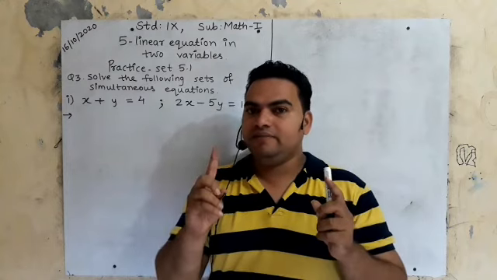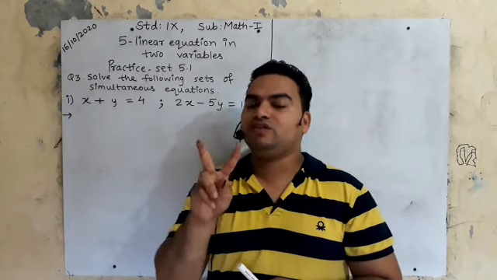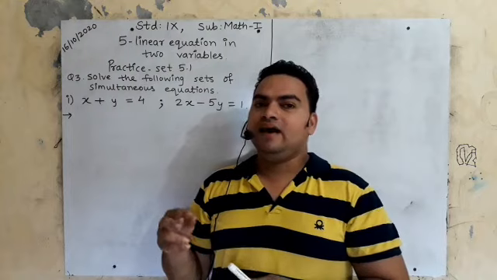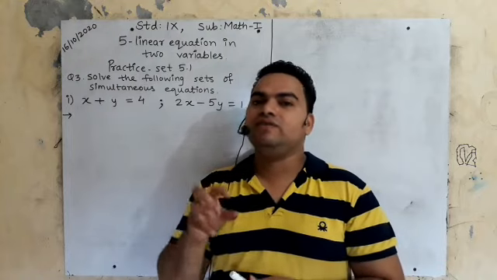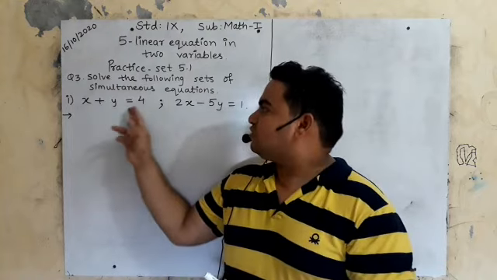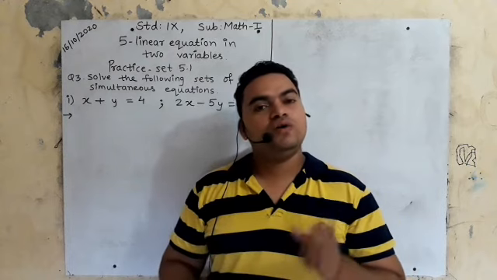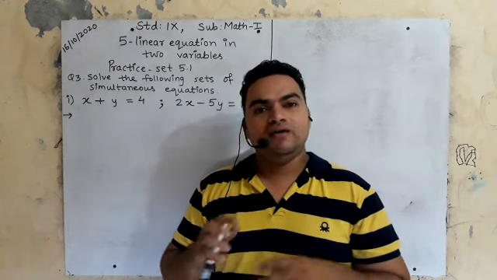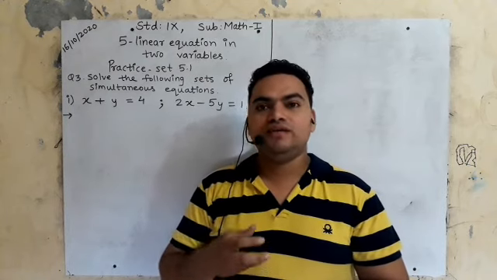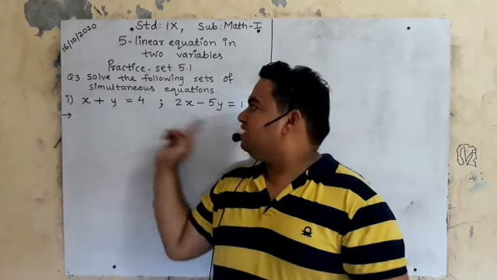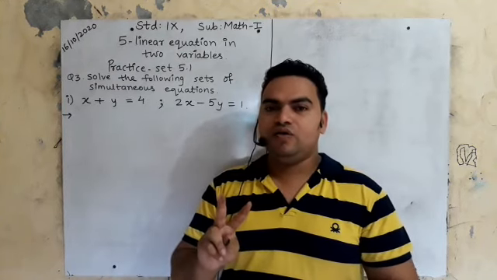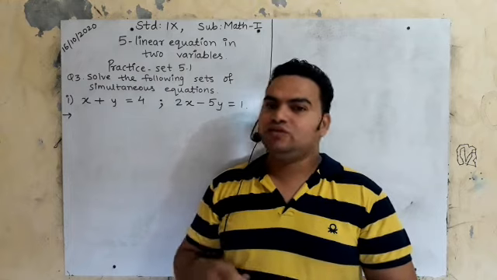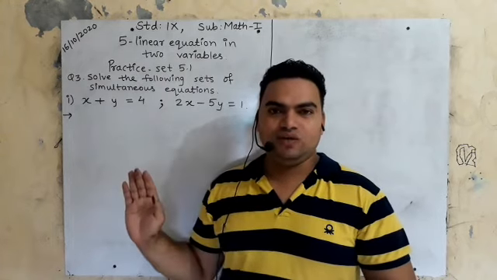One time we are utilizing two linear equations in two variables, and after solving them we will get a common solution. So this is called simultaneous equations. At the same time we are solving two linear equations in two variables to find the common solution.